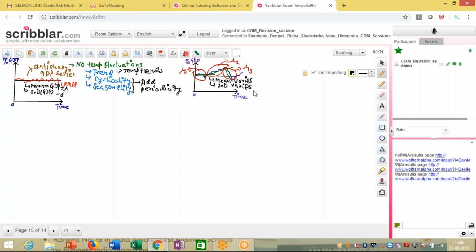So there is mean and there is SD. So given that this mean varies, there is an element of temporary fluctuation, and it is that temporary fluctuation which causes the mean and the standard deviation to vary, right?